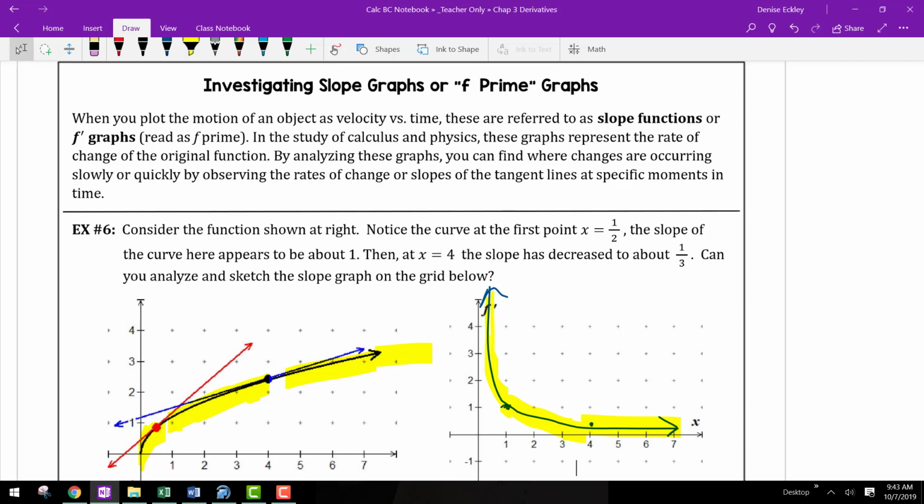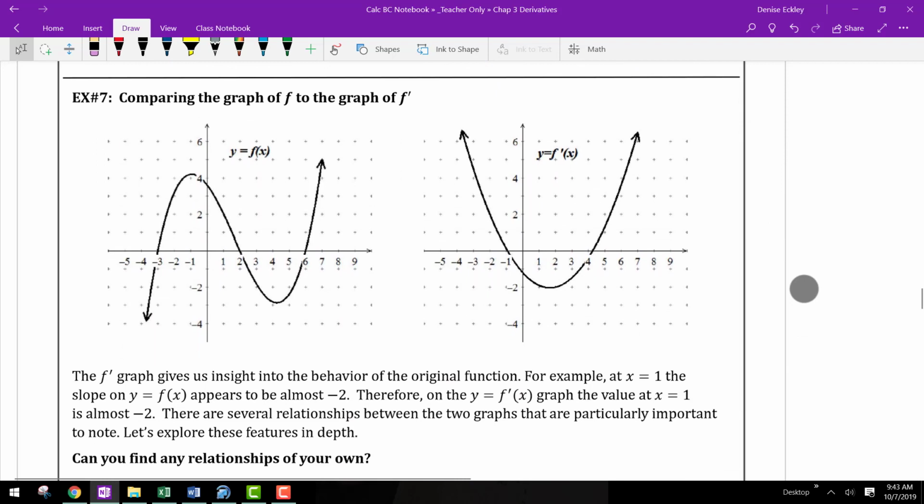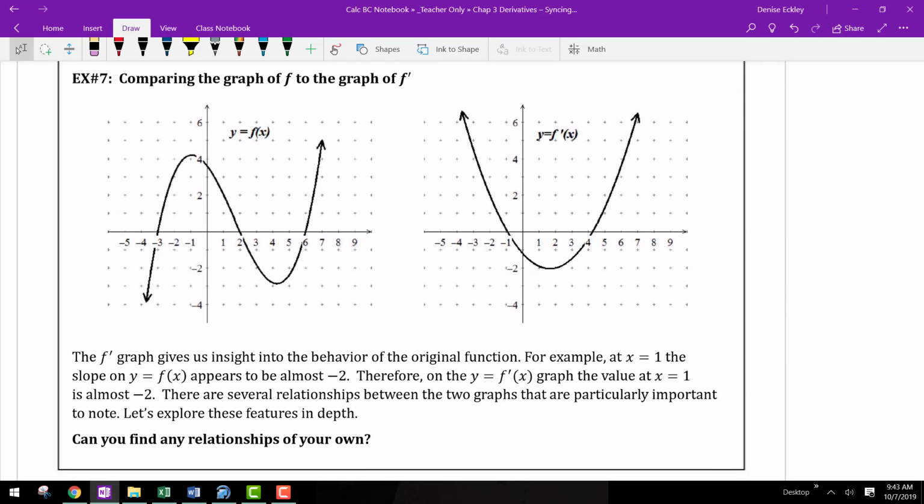Okay? So let's compare these two graphs. On the left, we have the graph of f of x, and on the right, we have the graph of f prime. Okay, so this f prime graph is going to give us some insight into the behavior of the original function. For example, at x equals 1, the slope on f of x appears to be almost -2.